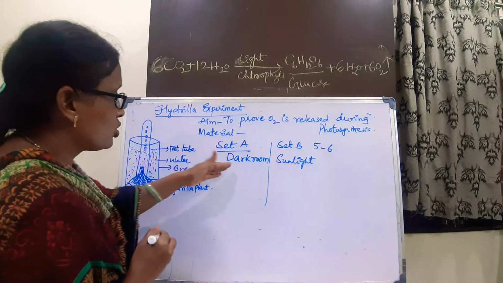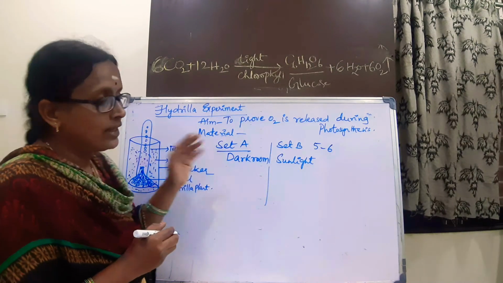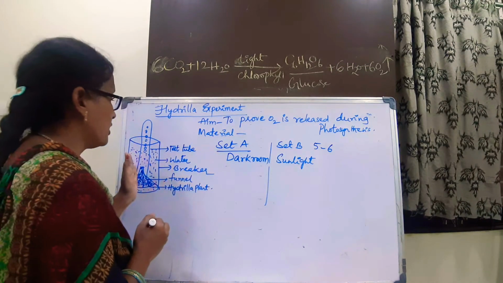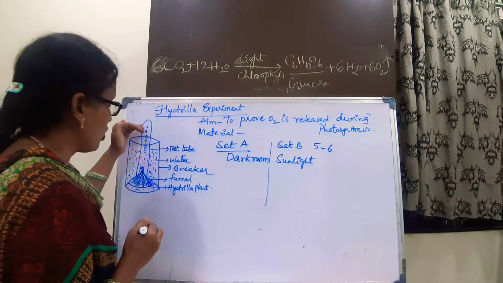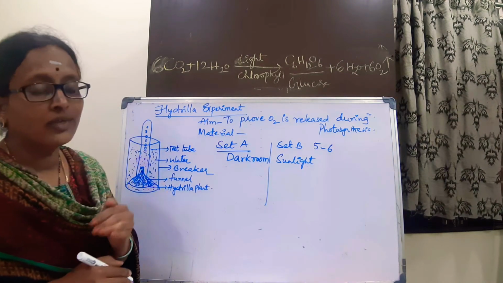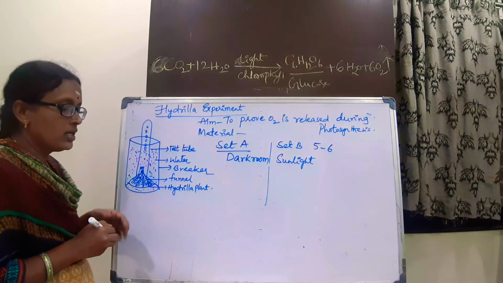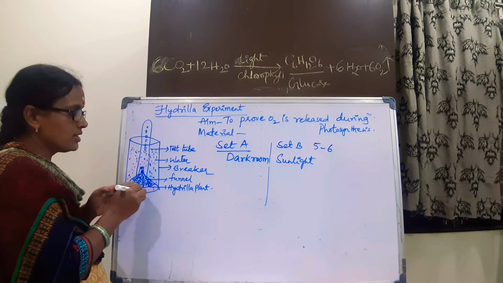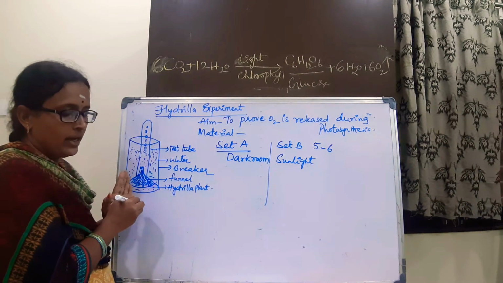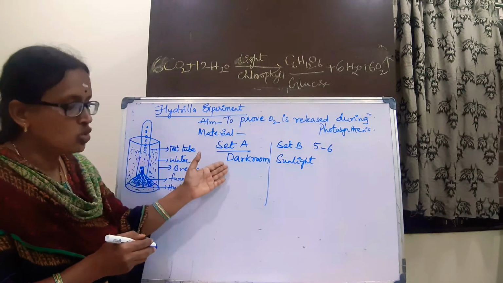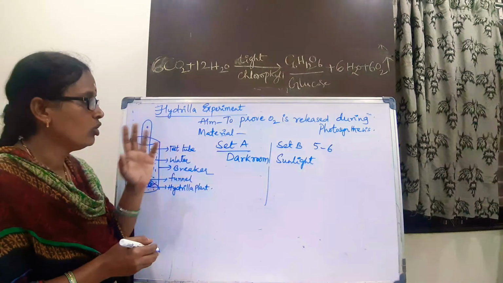In set B, small bubbles are observed. After some time, we observe that some gas bubbles are released in set B, and in set A there is no change, no bubbles.